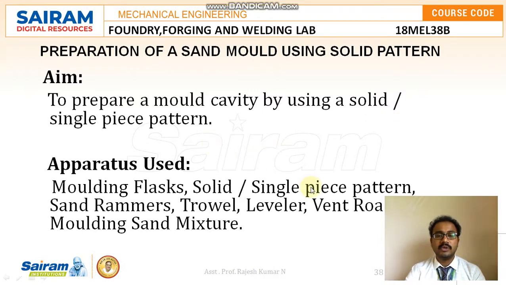Okay, so what are the apparatus used? We should have molding flasks, and a solid or single piece pattern is very much required, and we have sand rammers. In another video, I will separately explain the different shapes of patterns. We need sand rammers, trowel, leveler, vent rod, and molding sand mixture.